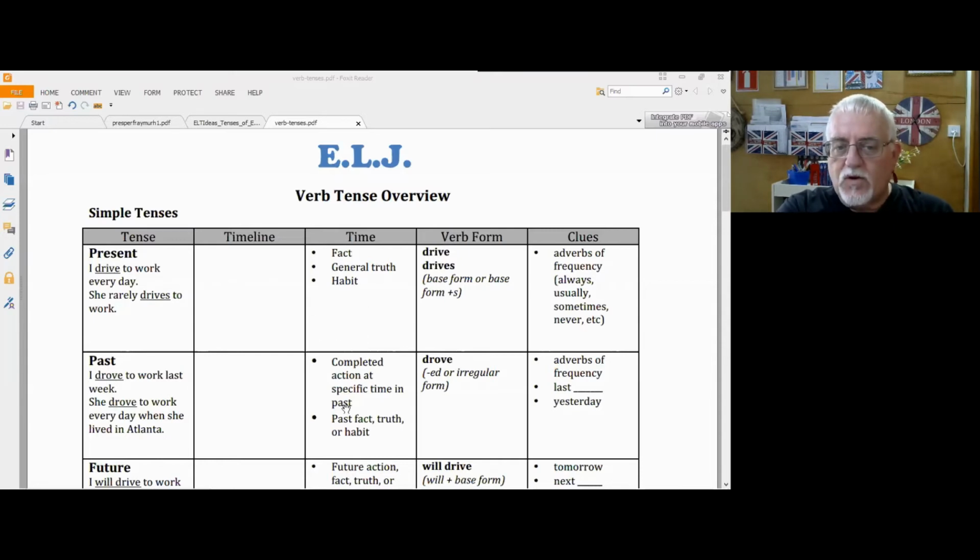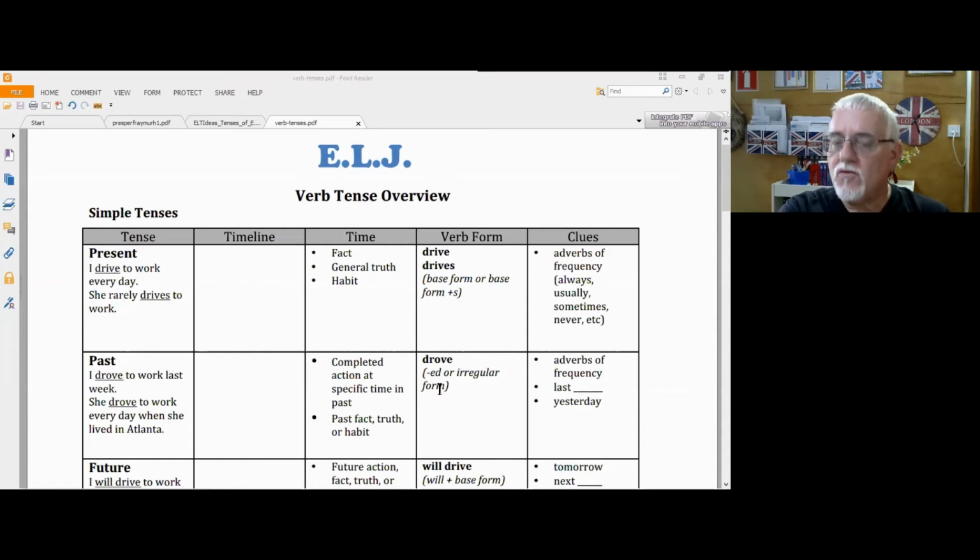The time frame for using them: completed action at a specific time in the past, or it's a past fact, truth, or habit. So similar to the simple present, but it's a past fact, yeah? And the past tense verb form is drove, yeah? If drive was a regular verb, say for instance like walk, we would add ed to the past tense and it would be walked.